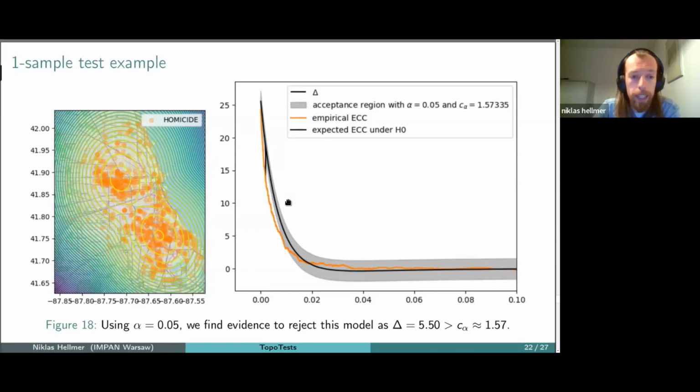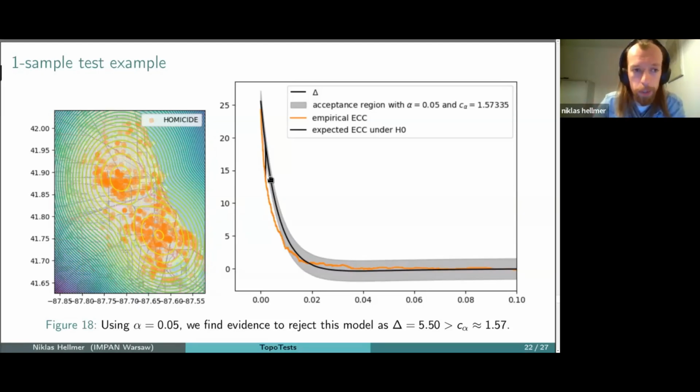So was this 2-dimensional Gaussian mixture a good model? And we see here, no, it wasn't. The test statistic is much bigger than what we would allow ourselves under the null hypothesis.